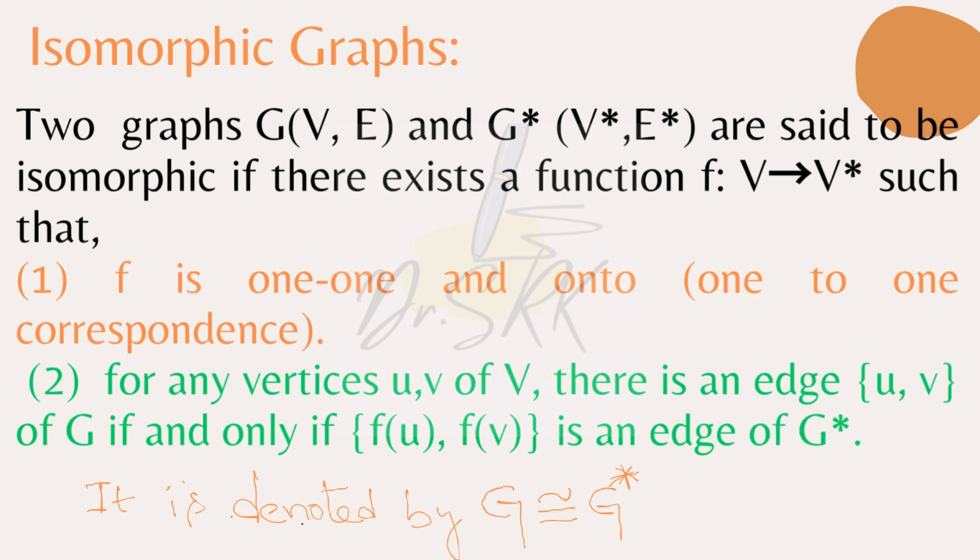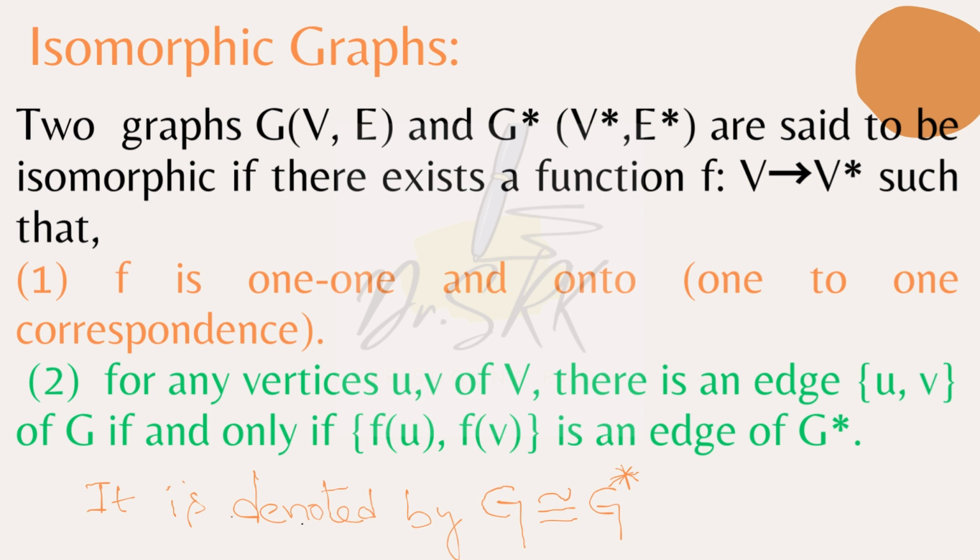The first condition is the function f is 1-1 and onto. That means there is 1 to 1 correspondence between the vertex set of the first graph to the vertex set of the second graph.